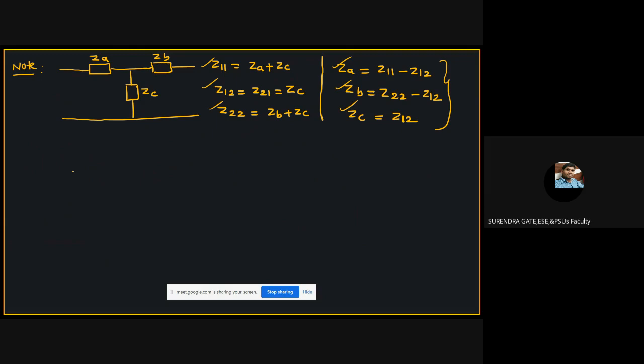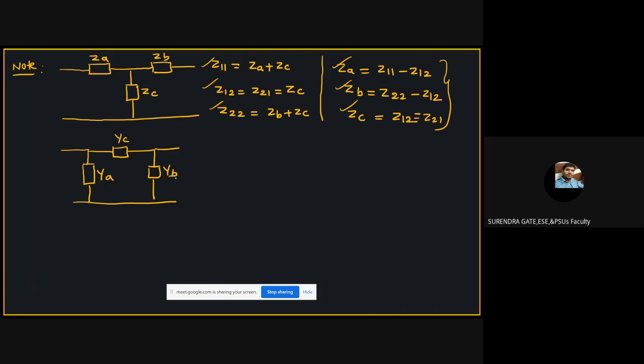Similarly for the pi network, students. For the pi network, which parameters can we easily calculate? The Y parameters. Okay, see, for example, this is the pi network. Like this is the YA, this is the YB and this is the YC.